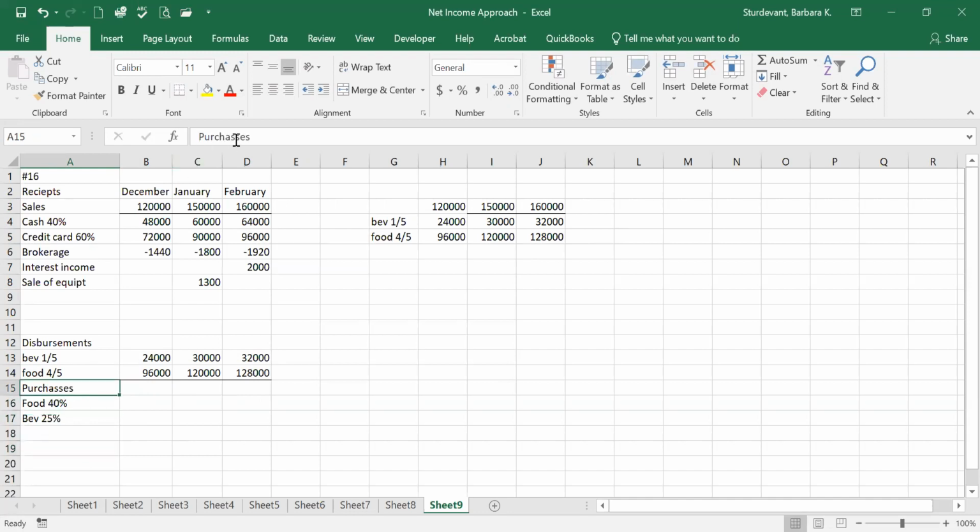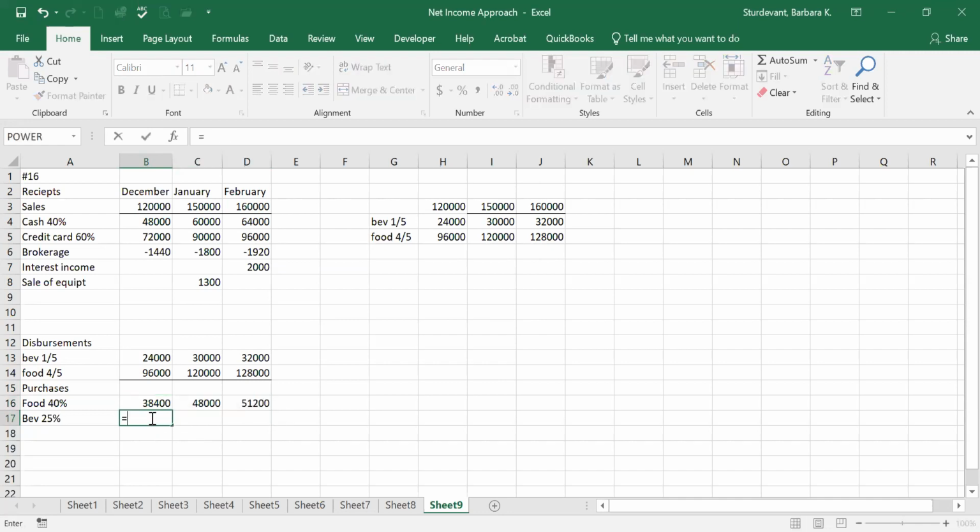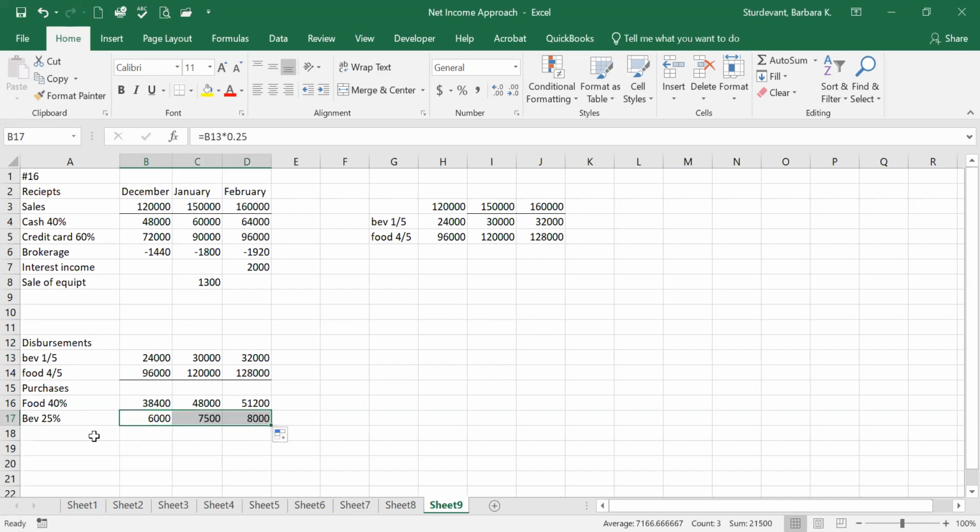So for food, we're going to take our food sales, which are these, and we're going to multiply by 0.4. We're going to take our beverage sales, which are these, and we're going to multiply by 0.25. So those are our purchases.